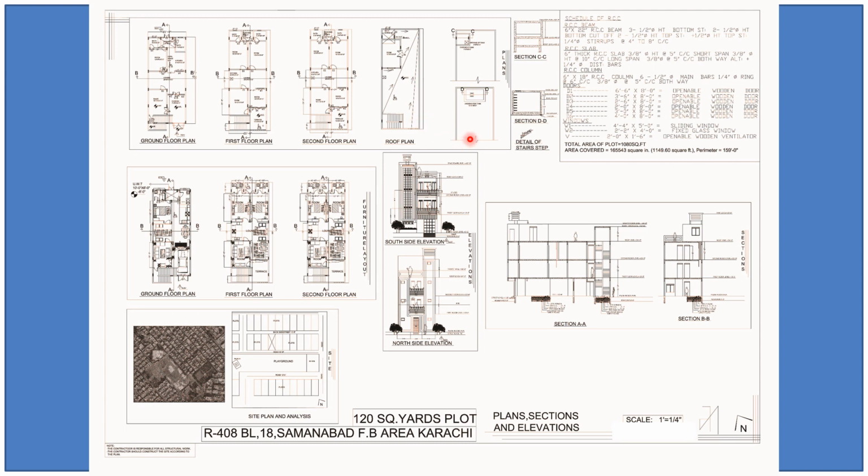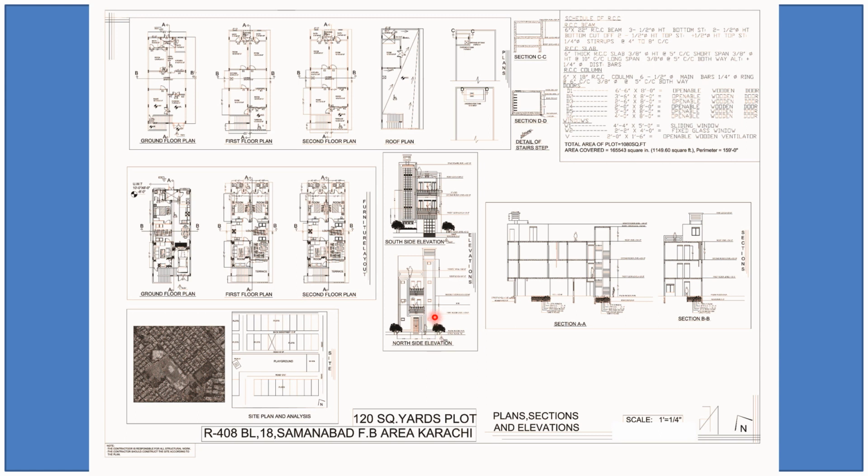Then here is a section of the water tank, the water tank section details, and again here is a ground floor plan with the furniture layout, and those are the elevations.